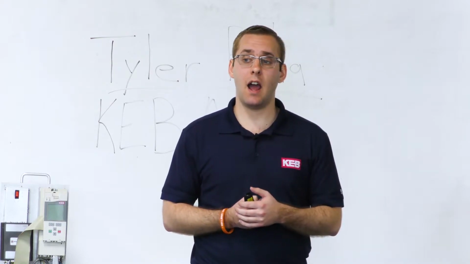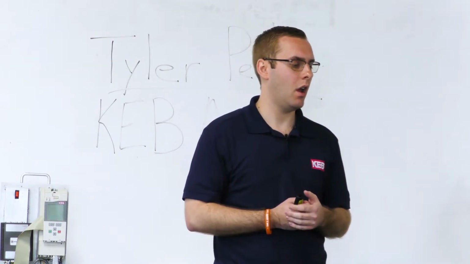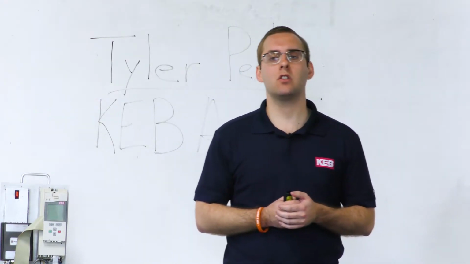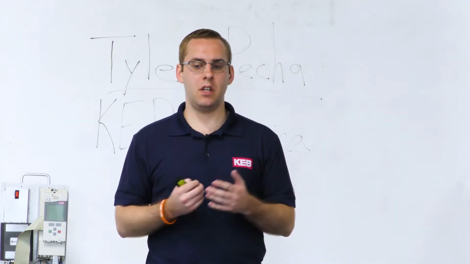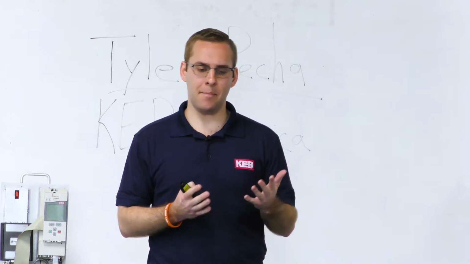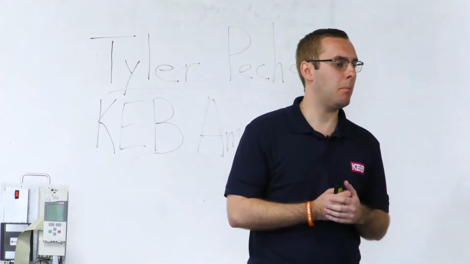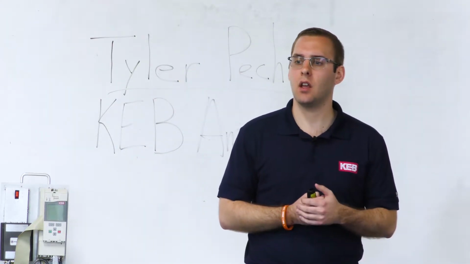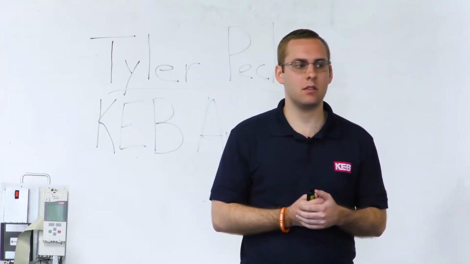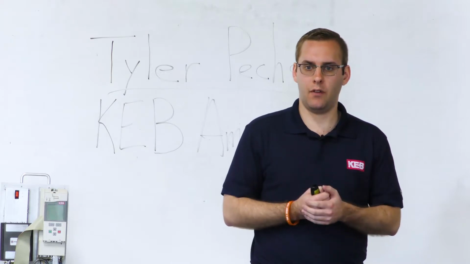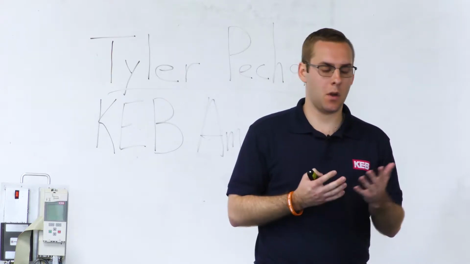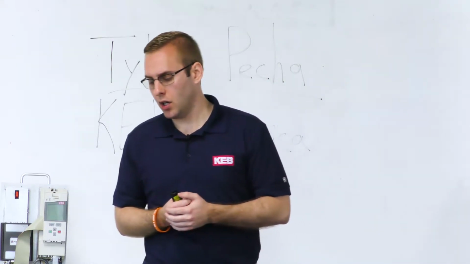Making sure that it's sized correctly is another one. Typically, the controller manufacturers will size them for you. I have seen on a number of applications, though, that the sizing may line up, but due to accel rates, decel rates, jerk rates, that type of thing, you may need to bump up to a different size resistor.